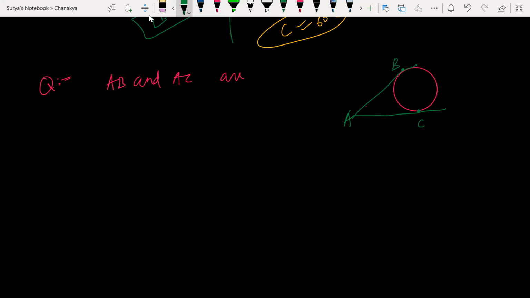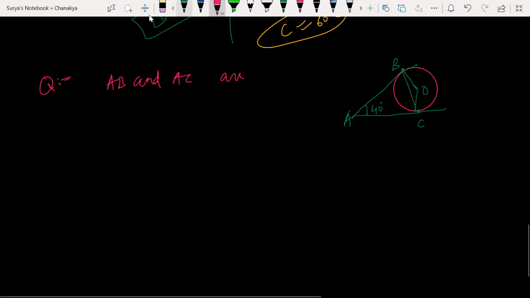Here he has given the tangents. And this is center. Okay, so here this is center O. This is 40 degrees.